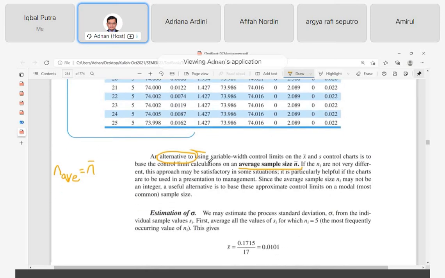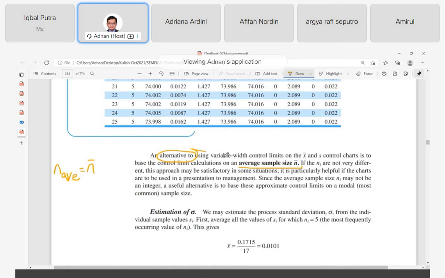So using a variable width of control limit in the X bar and S control chart is to base the control limit calculation on the average sample size n. If the n values are not very different, this approach may be satisfactory.